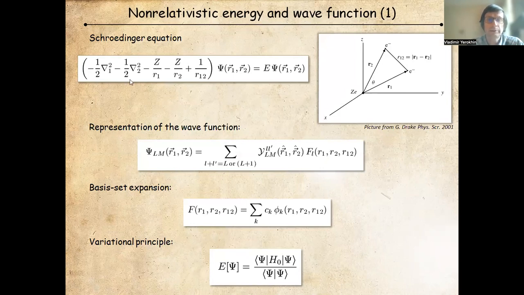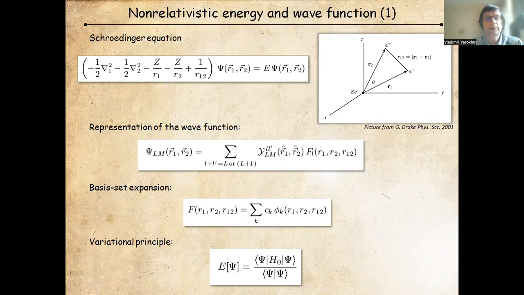The wave function is represented as a combination of angular and radial parts, and it is well acknowledged today that to achieve high accuracy, the radial part should include dependence on all three radial variables r1, r2, and r12. So this is what is called an explicitly correlated wave function.